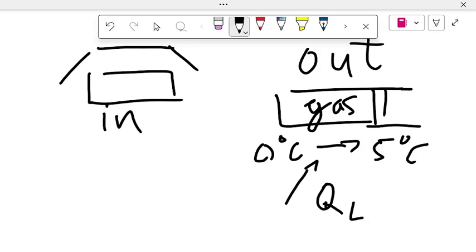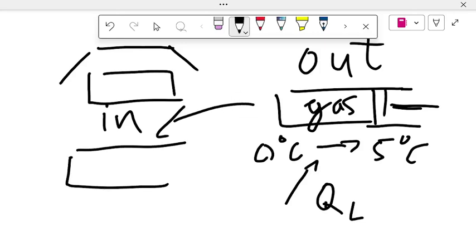Okay, now I compress the gas and I put it inward. I go in that direction.